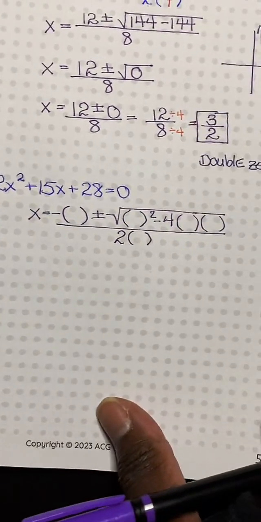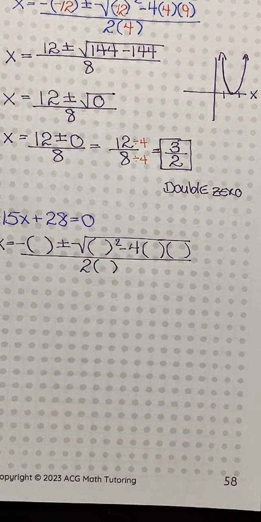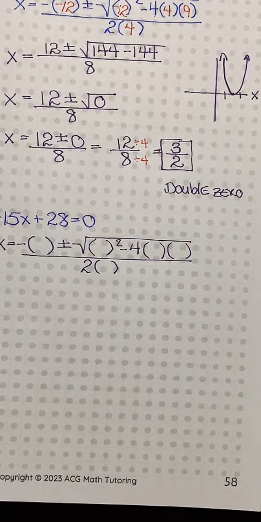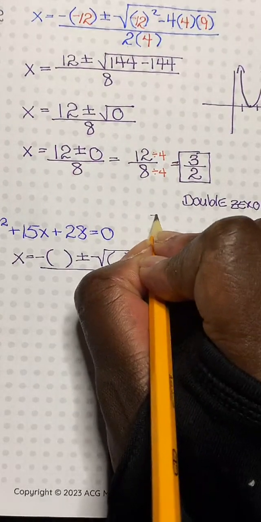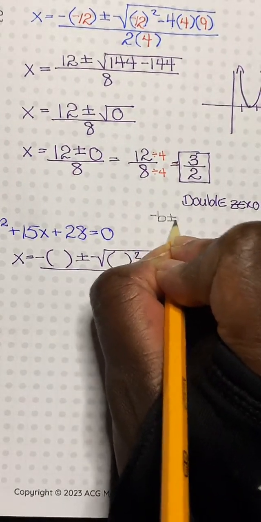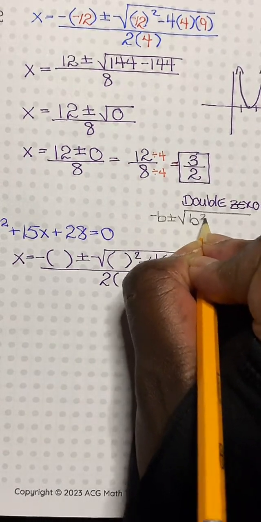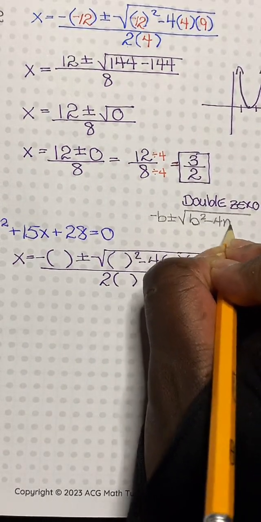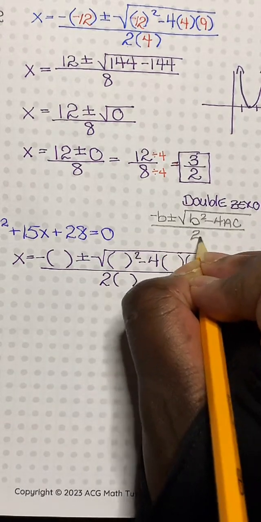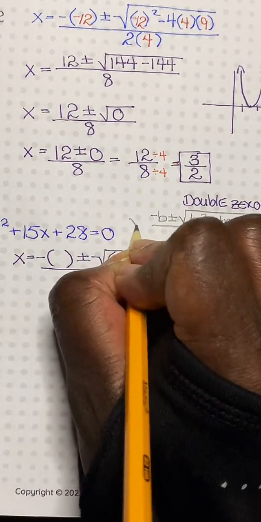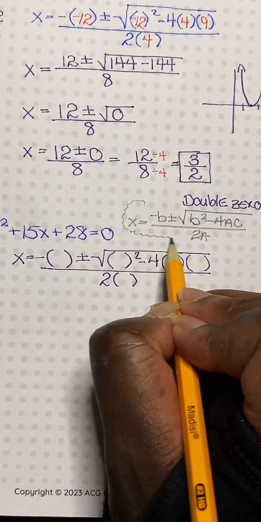Okay, so if you're wondering what is the formula, let me put it off to the side. So it's negative b plus or minus the square root of b squared minus 4ac all over 2a. What we're doing is trying to find the x-intercepts.